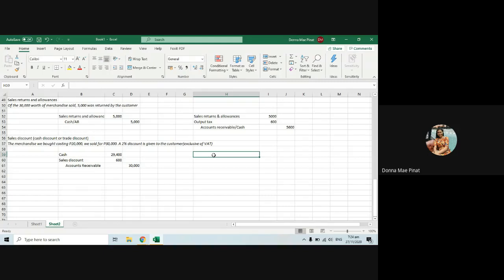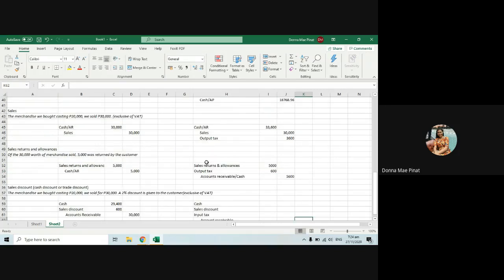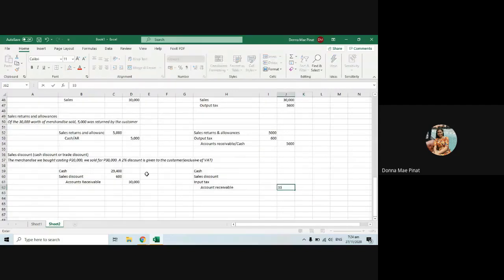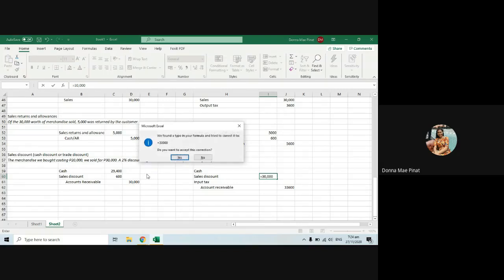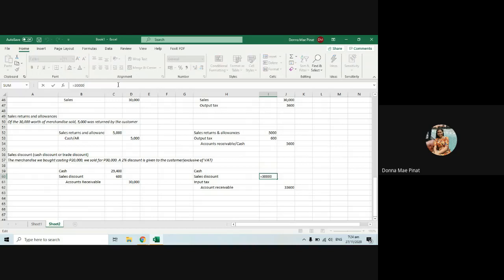How about for VAT? VAT registered. So cash, sales discount, input tax. Your accounts receivable is actually 33,600. And your discount is 30,000. Again ha, dili nimo discountan apil ang VAT.